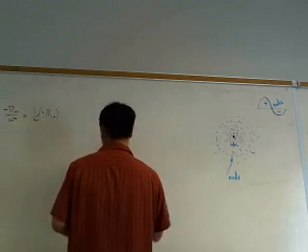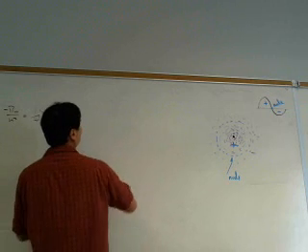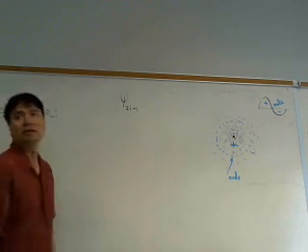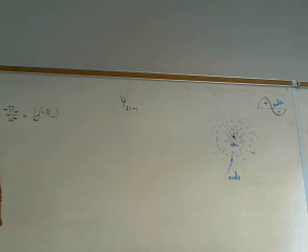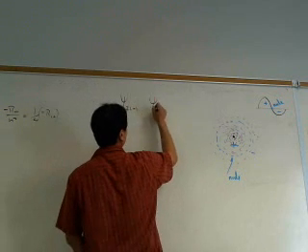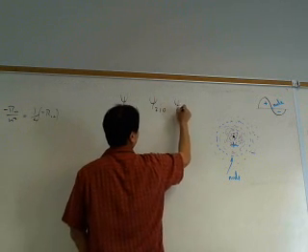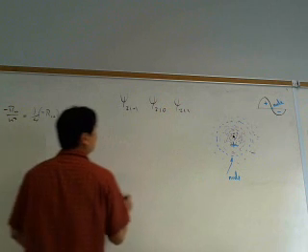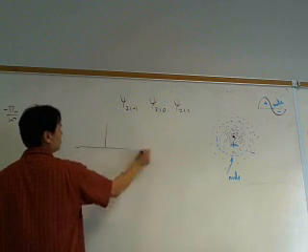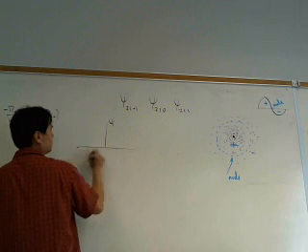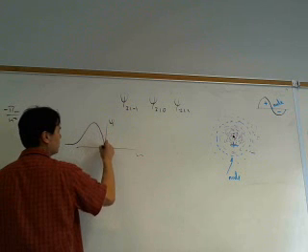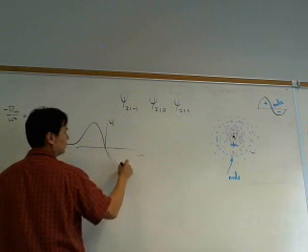The next orbital we're looking at is the psi 2, 1, negative 1. We're going to have a series of these orbitals: the psi 2, 1, negative 1, psi 2, 1, 0, and the psi 2, 1, 1. If we look at the shape of these in terms of the wave function, psi versus r, it's going to look like this, where there's going to be a node right there.